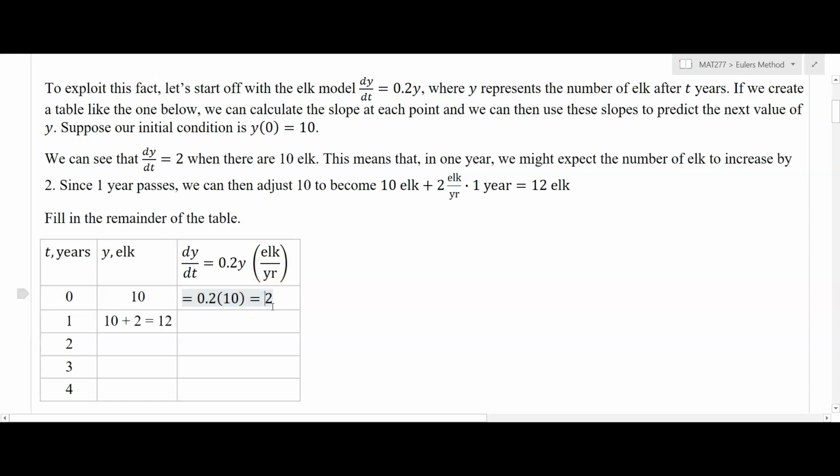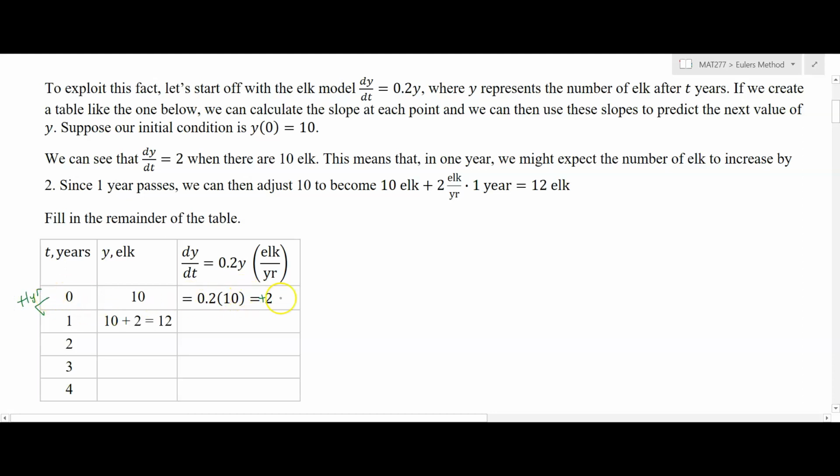Now that's a positive number, and we should make note of that, because it tells us that the number of elk is bound to increase by 2 elk per year. Now this could be thousands or hundreds of elk. So what happens here is 1 year passes.